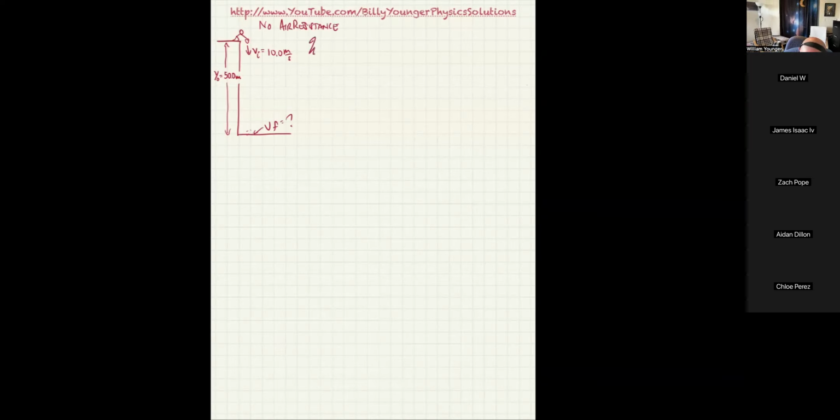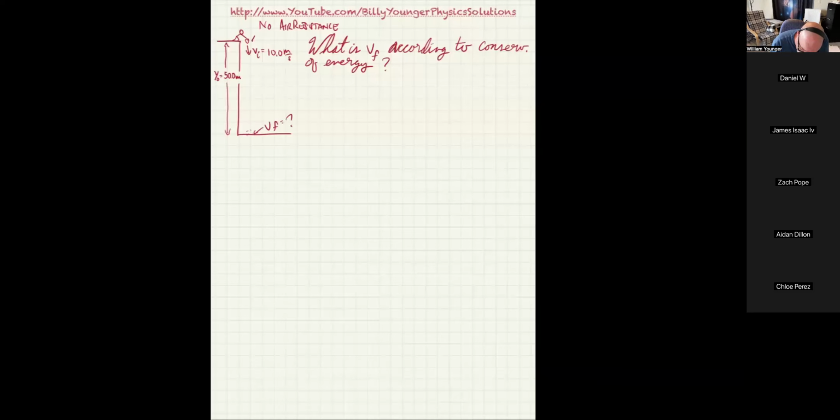And the question is, what is the final velocity according to conservation of energy? Okay. And we can go ahead and say that the mass M is equal to 1.00 kilograms, even though, again, we won't necessarily need it.